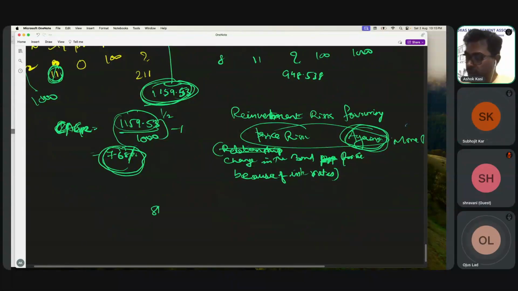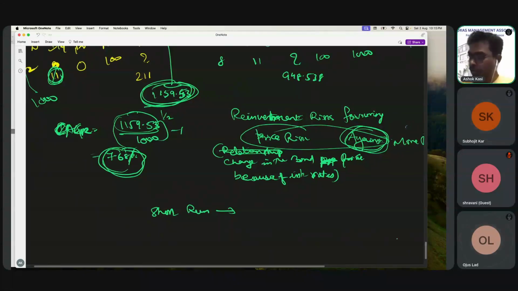In the short run, you are a short term investor, and you are facing more price risk. That means your bond price will determine the return in the short run.